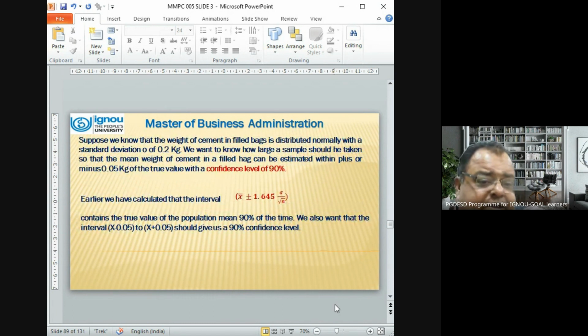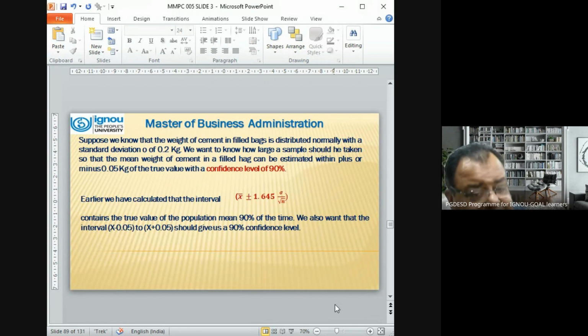Suppose we know that the weight of cement in filled bags is distributed normally with a standard deviation of 0.2 kg. Now we want to know how large a sample should be taken so that the mean weight of the cement in a filled bag has been estimated within plus or minus 0.05 kg of the true value with a confidence of 90%.